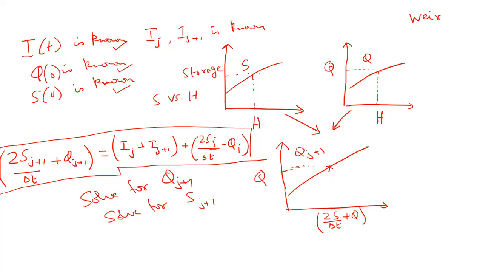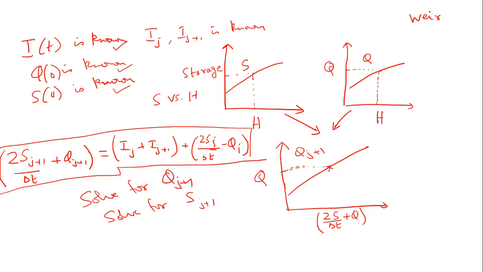What we also know is the storage characteristics of the reservoir. So here I have storage versus H. Depending on the water level in the reservoir, we know what the storage term will be. So if the water level is at a certain height, then the storage is so and so. So I have a curve that represents the storage as a function of the water level in the reservoir.